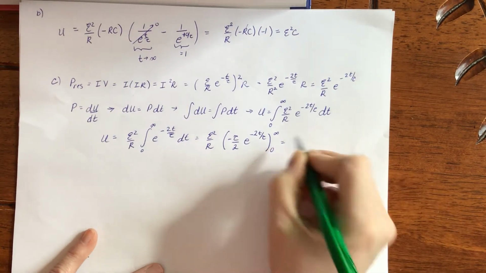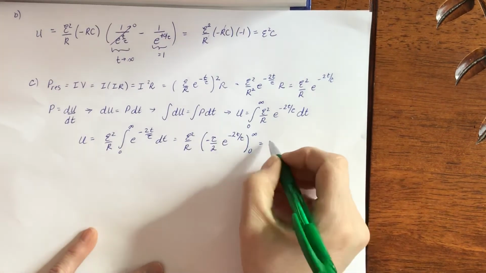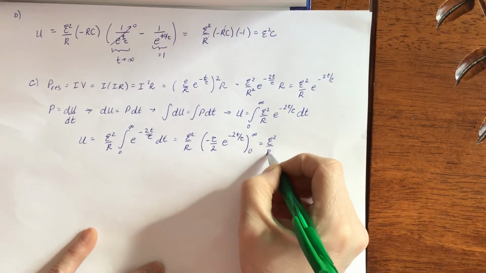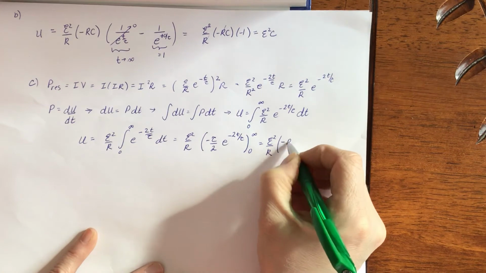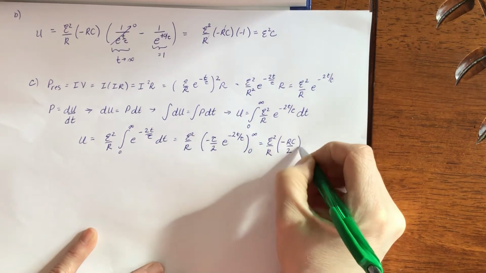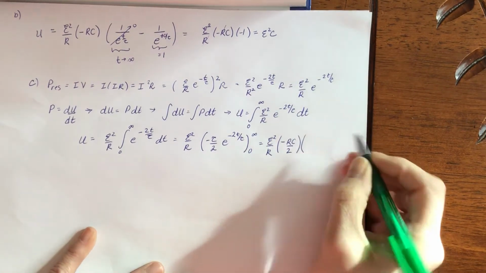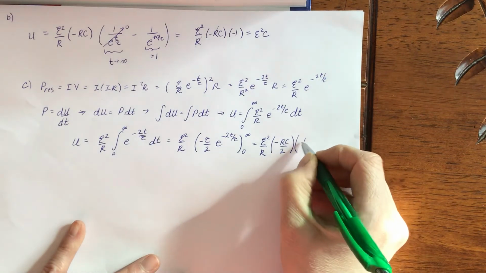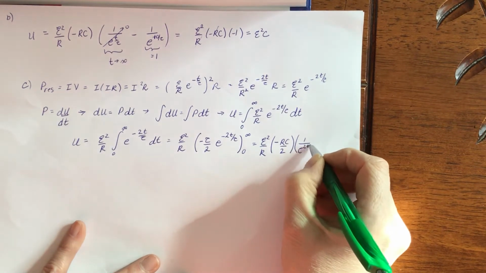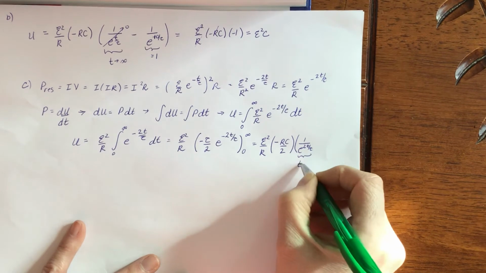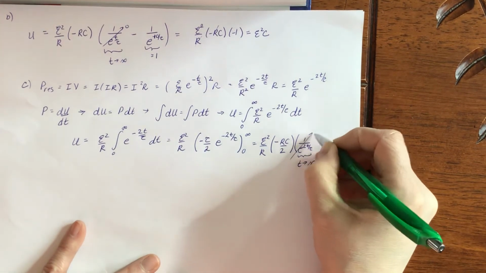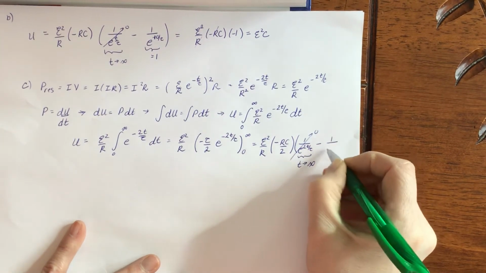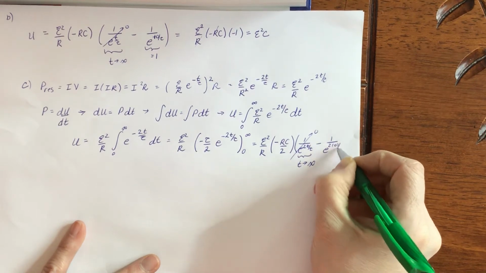So we've got epsilon squared over R, minus tau is minus RC, that's divided by 2. And we want to evaluate this at our limits. 1 over e to the 2t over tau. As t goes to infinity, this whole guy goes to 0. Minus 1 over e to the 2 times 0 over tau.